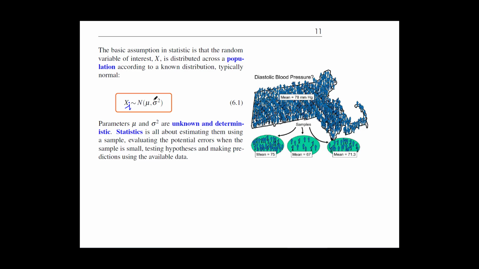So mu and sigma squared are unknown, so the best we can do is estimate them. They're deterministic because they're constant. They're not considered random variables. Okay, mu and sigma squared. And the role of statistics is to estimate these, mu and sigma squared, for the most part. And then using those estimations to answer many questions. So that's what we're going to do in the next two chapters: ways to estimate mu and sigma, these parameters, and answering important questions about the population.